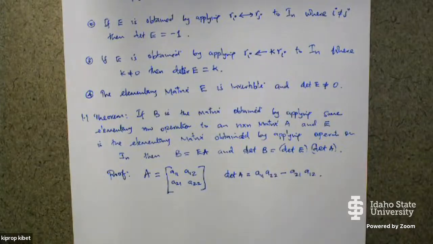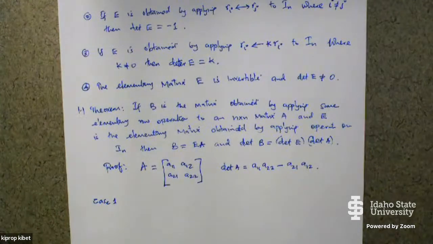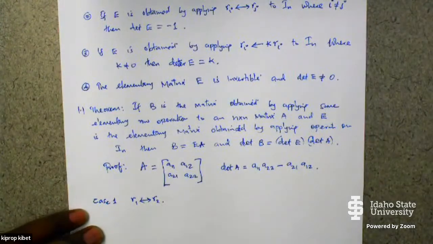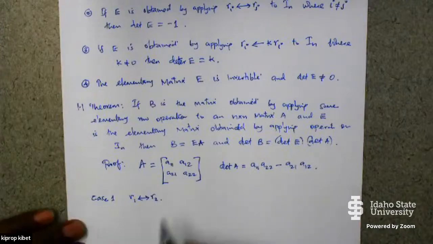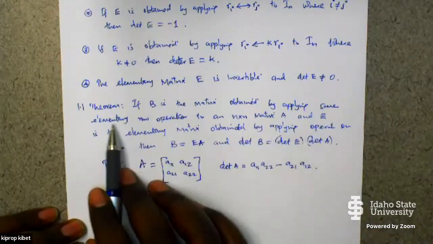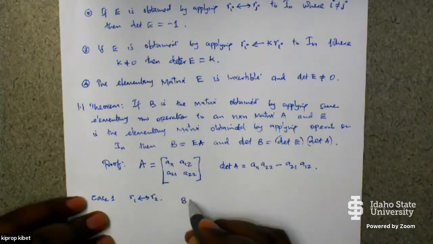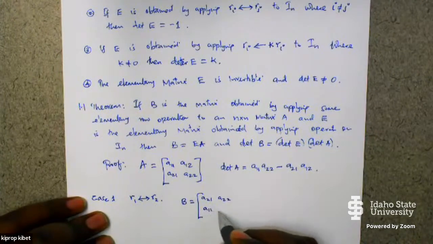Now, case number 1. If we do the row operation, if we switch R1 and R2 in this A, we get our B. So B here is equals to A21, A22, A11, A12.